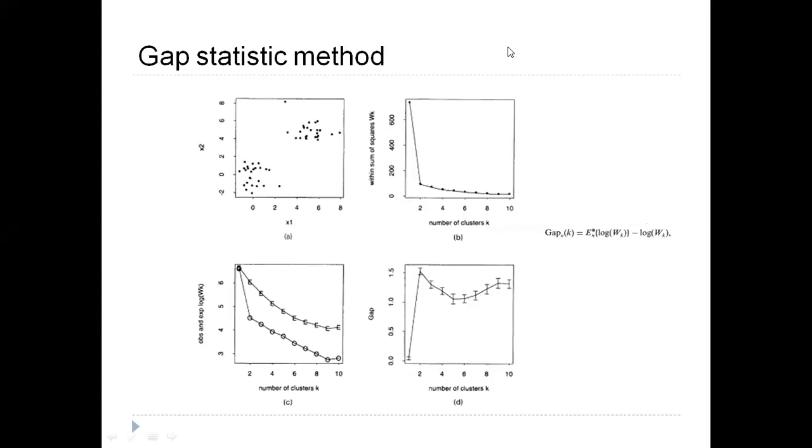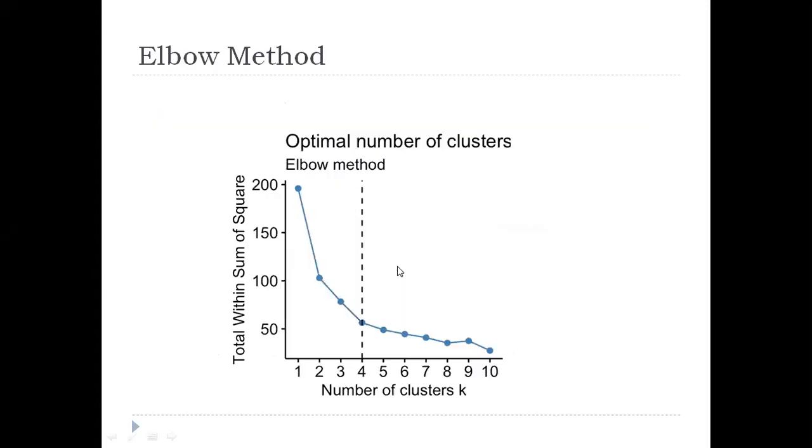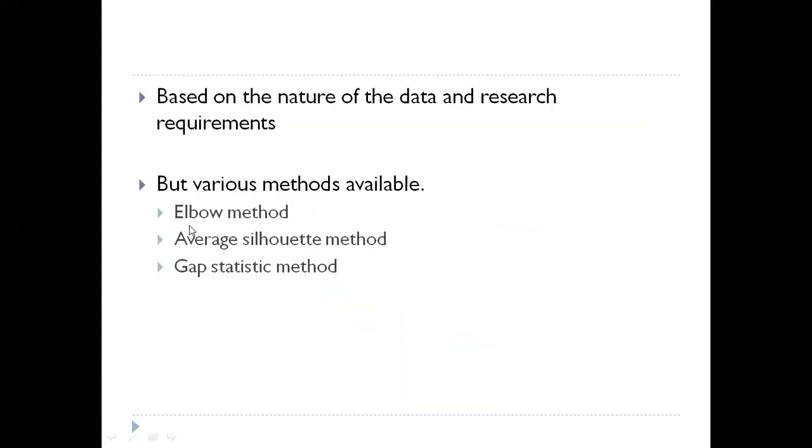After the elbow method, you take the logarithm, calculate the deviation between the observed and expected logarithmic values of within sum of squares, plot it, and take the maximum gap. Okay, you got it. So now you know how it works.